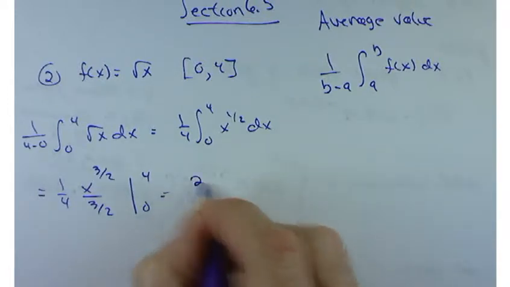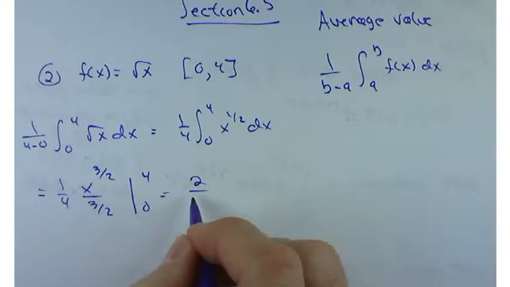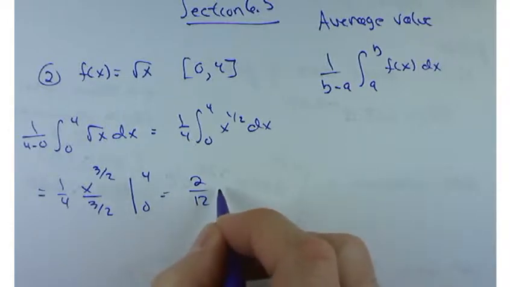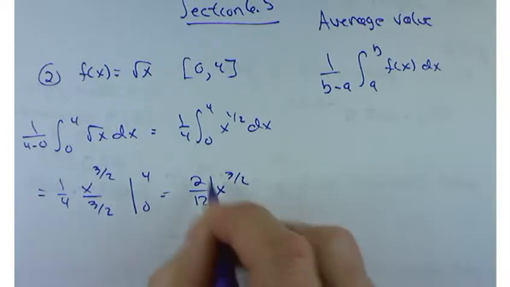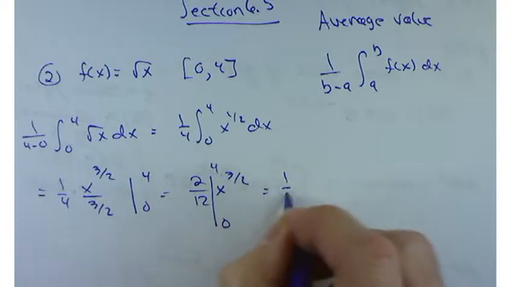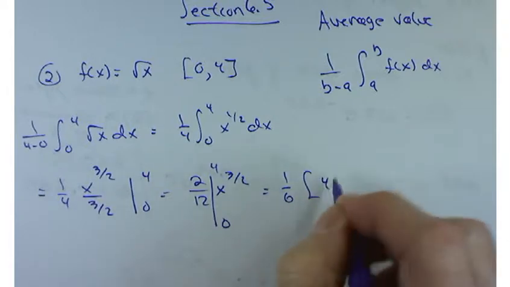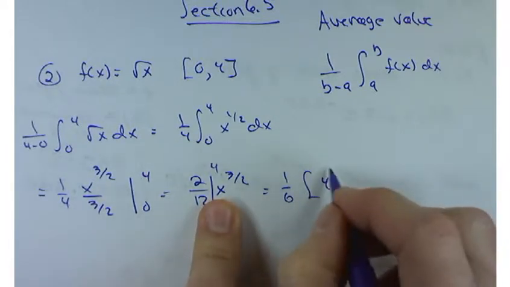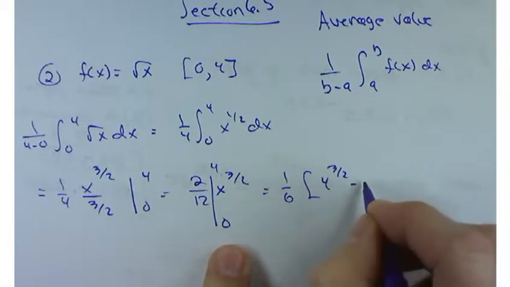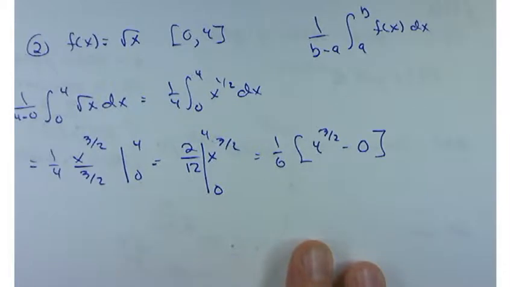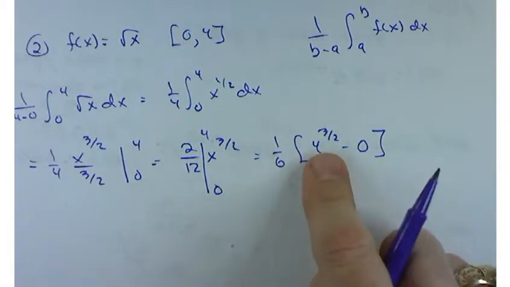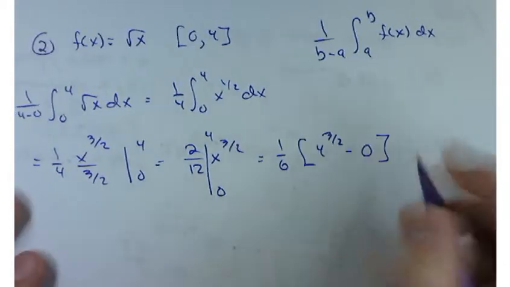So that's going to be 1/4 times 2/3, or 1 over 6, x to the 3/2 between 0 and 4. So 1/6 times 4 to the 3/2 minus 0 to the 3/2 again, but it's not going to matter. 4 to the 3/2 is going to be 8.